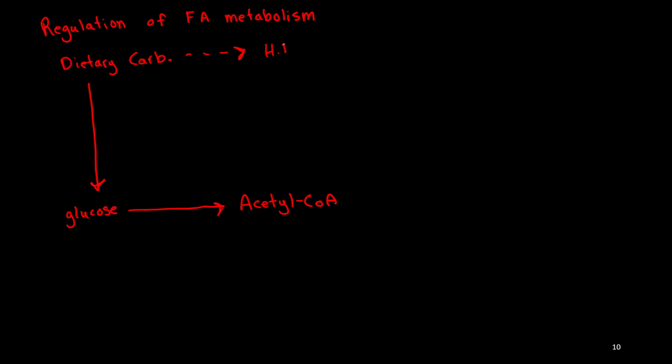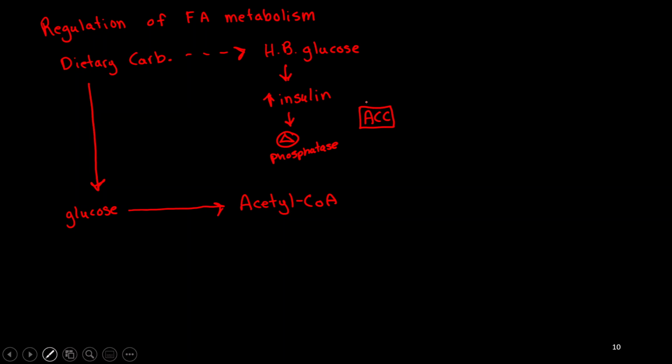So if you have high blood glucose, how does your body respond? It's going to secrete insulin, so it's going to increase the concentration of insulin in your blood. One of the consequences of high insulin is that it is going to activate a phosphatase. The phosphatase is going to regulate this enzyme known as acetyl-CoA carboxylase.